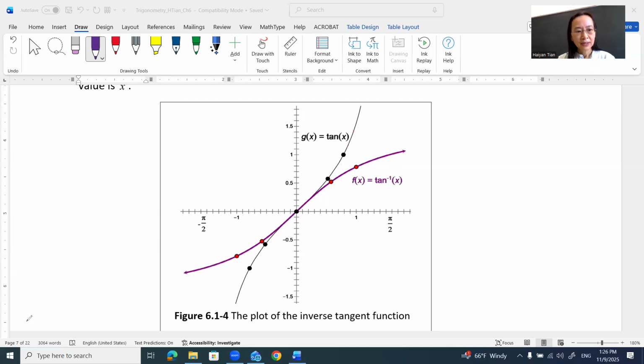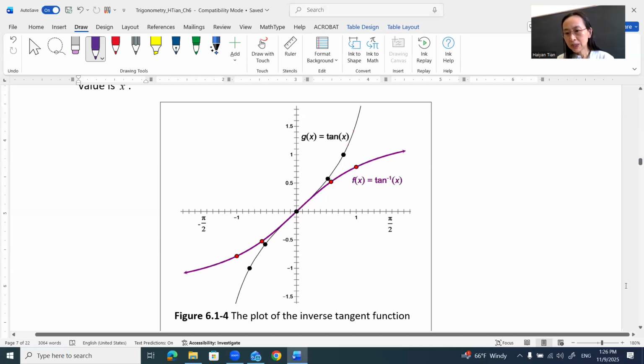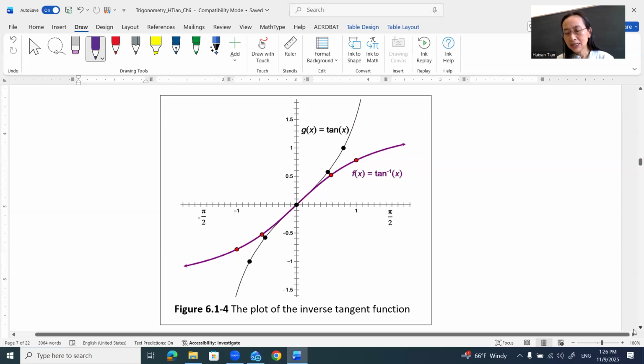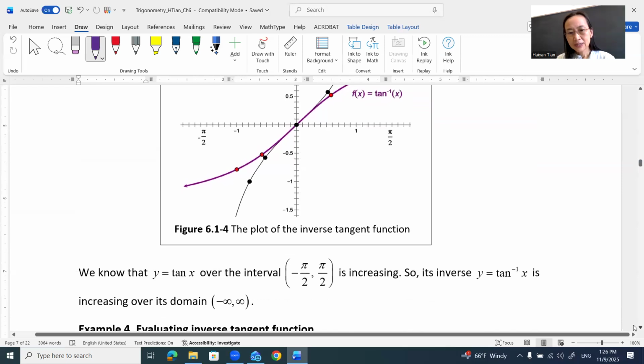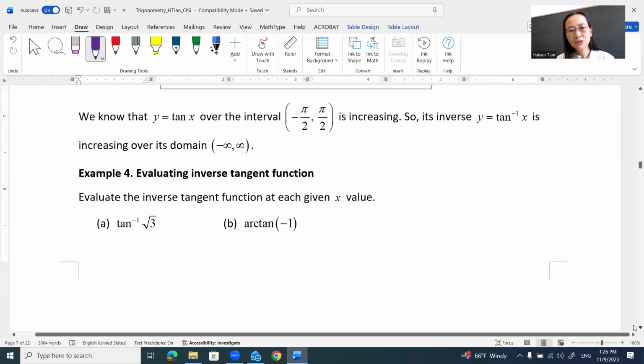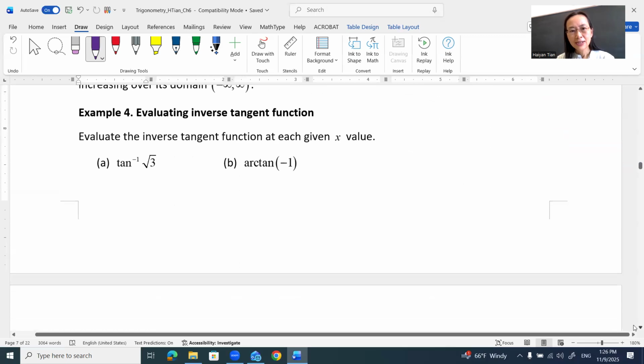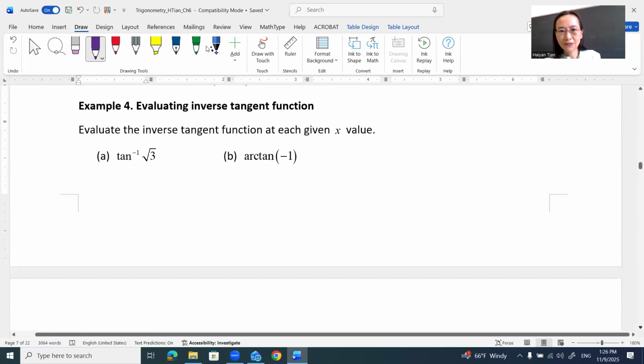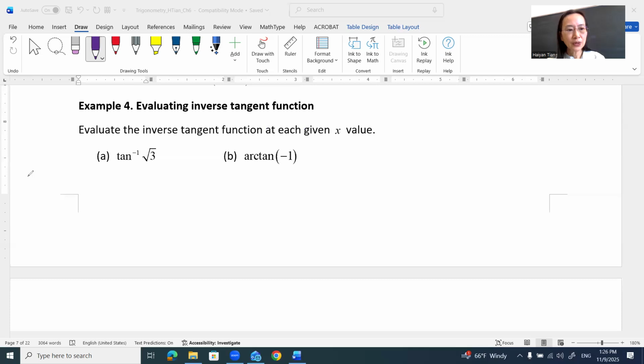Now, after we see the inverse tangent curve and its domain and range, let's do a number of evaluations just to make sense of this function. We want to evaluate tangent inverse at square root of 3. This is the y value you're trying to determine, when this function has the input square root of 3.